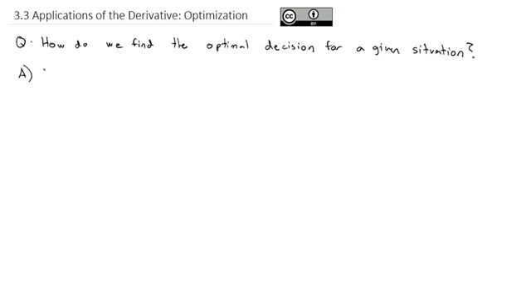And the answer to that we're going to look at first graphically, and then we'll convert it to algebraically what we're doing.